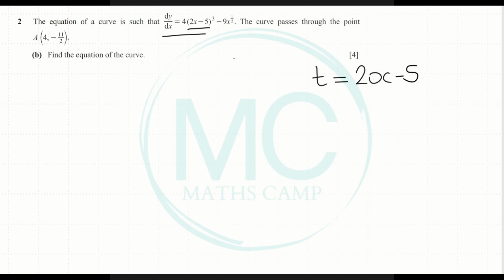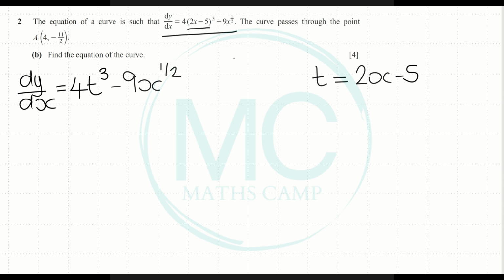So the equation for the derivative now becomes dy over dx, we can leave it like that, is equal to 4t cubed minus 9x with an exponent of 1 over 2. Now we need to differentiate this equation. dt over dx is equal to 2.